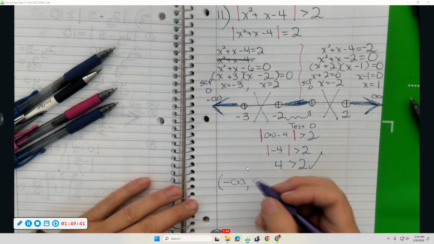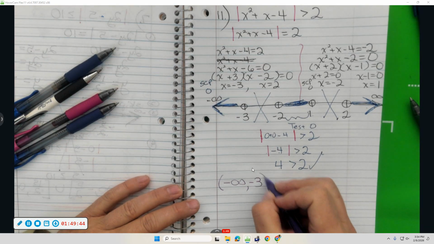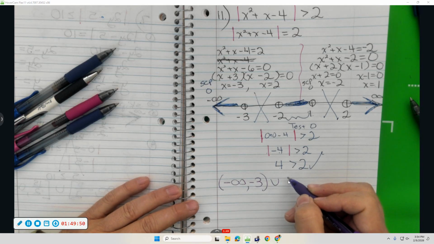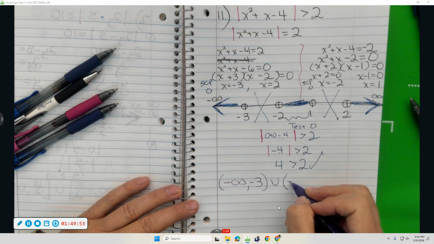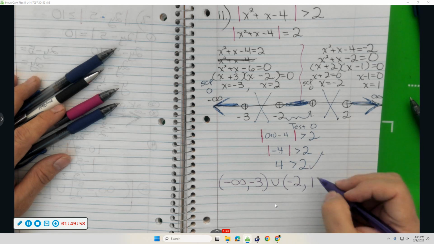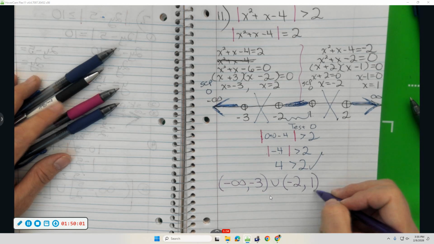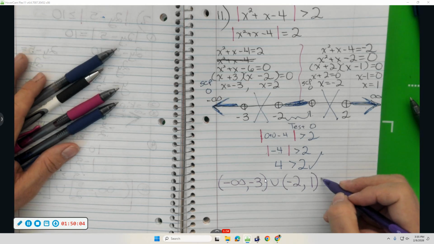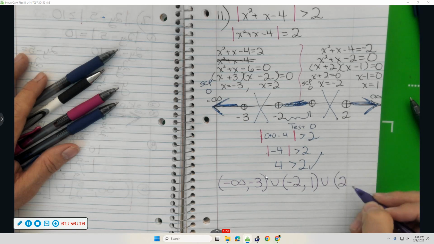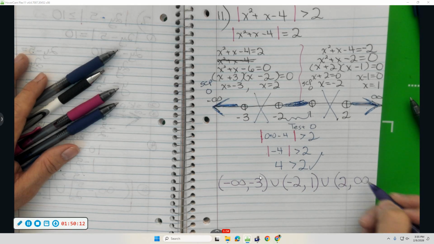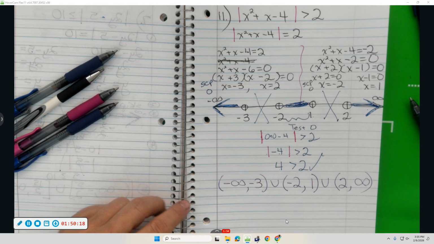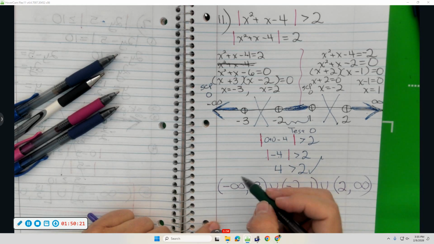So parentheses, union, parentheses, negative 2, comma, 1, we're right here, parentheses, remember we said they'd all be parentheses, so I'll do a union, parentheses, 2, comma, infinity, parentheses. Oh, wow, this is just so beautifully done here. This is such a nice way of solving this type of inequality.